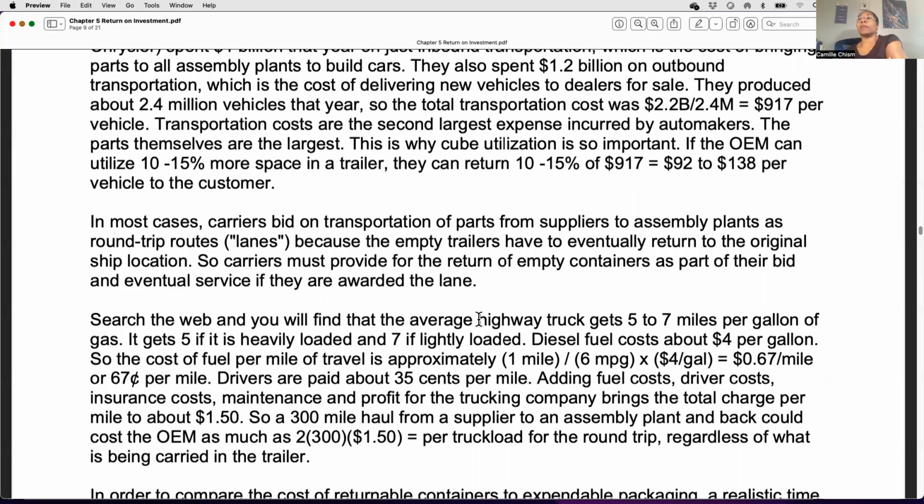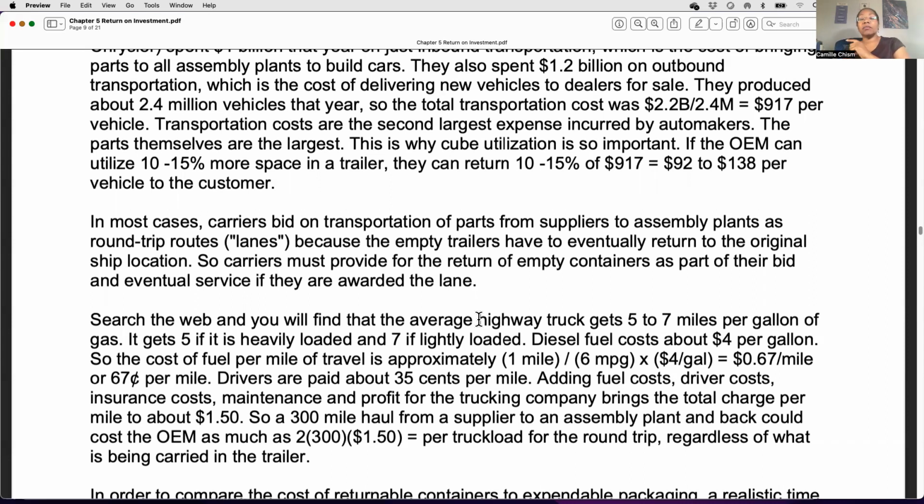when they start talking about shipping the returnables, they're looking at what's called lanes. They want to utilize as many of these lanes going back and forth as they can, because a lot of these are dedicated. So you have a dedicated route or dedicated driver going between supplier A, a tier 1, to the OEM.